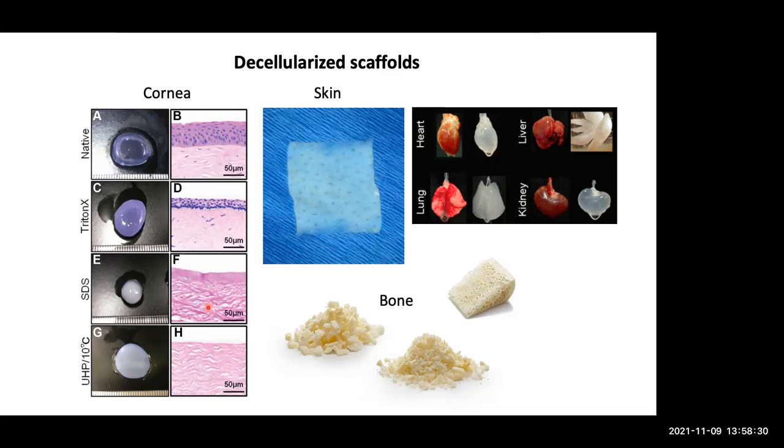So I think it's kind of a shortcut, so we don't have to create the scaffold and everything from the beginning. We take what the tissue has, just remove the cells out, and we use the scaffold and the matrix from the owner, the donor.